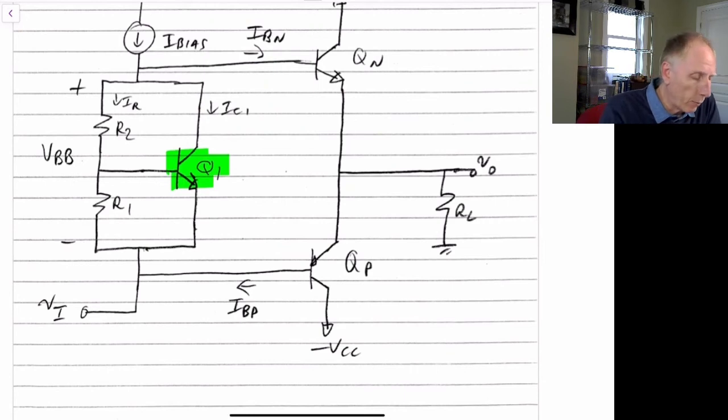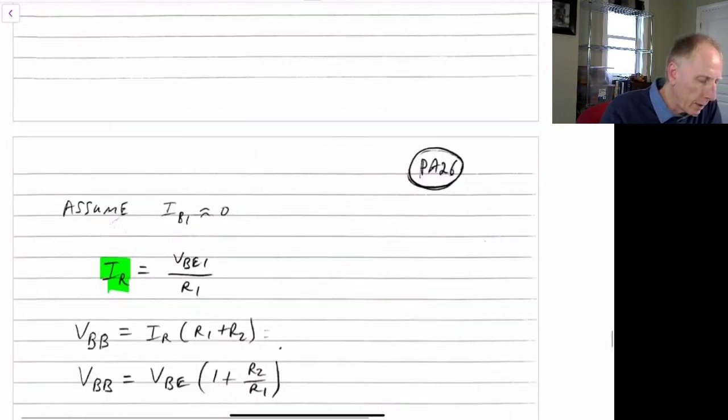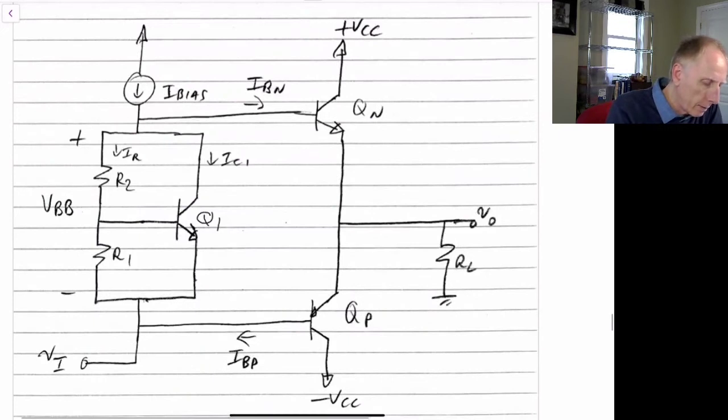So it might have a beta of 100, in which case the base current going into it would be approximately equal to 0. So let's ignore that for the time being. So if that's true, then the current I sub R here is just equal to the voltage VBE1 divided by R1, because we're assuming this current is equal to 0.